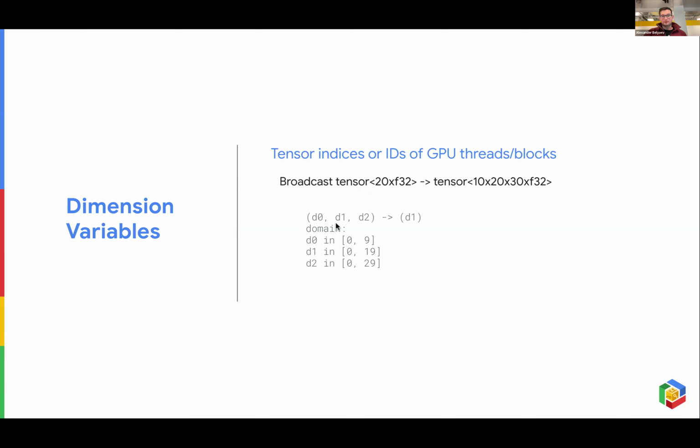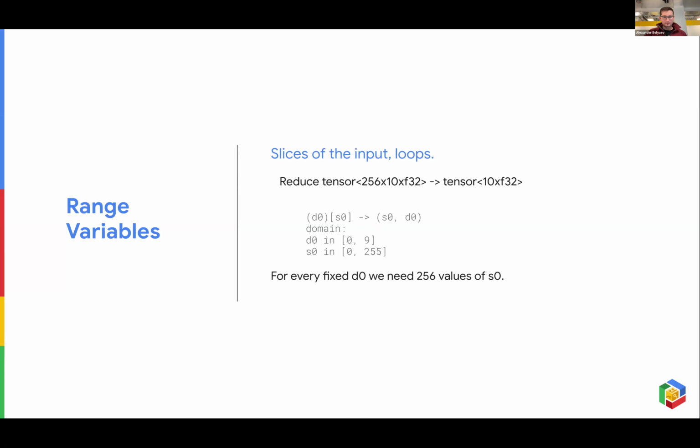You have D0, D1, D2 that span all dimensions of the tensor, and they map to D1 because that's the original dimension of the input. We have mappings from output to input of the op, from input to output, and also mappings from GPU grids, like threads and blocks, to tensors, but I will talk about that later.